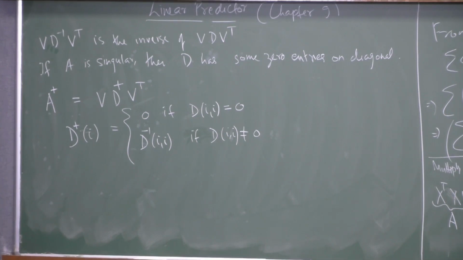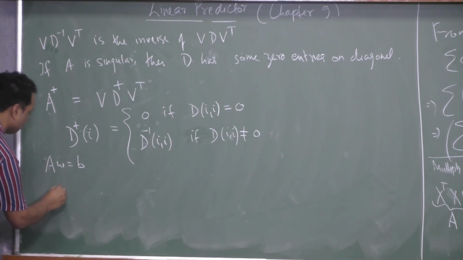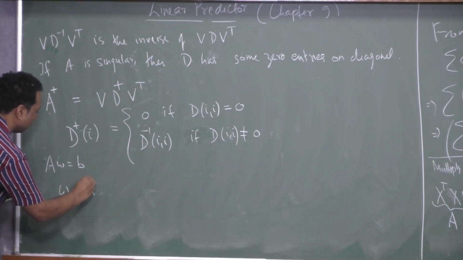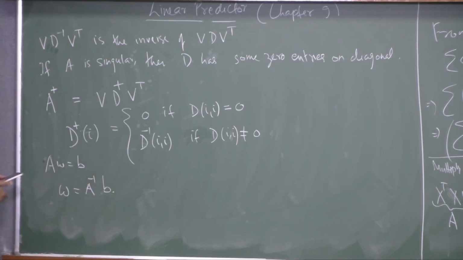So our original problem was the least square problem, where we had to solve Aw equals b, right? Now let us say A was symmetric but not invertible. So ideally I was looking for A inverse b, but A inverse doesn't exist.